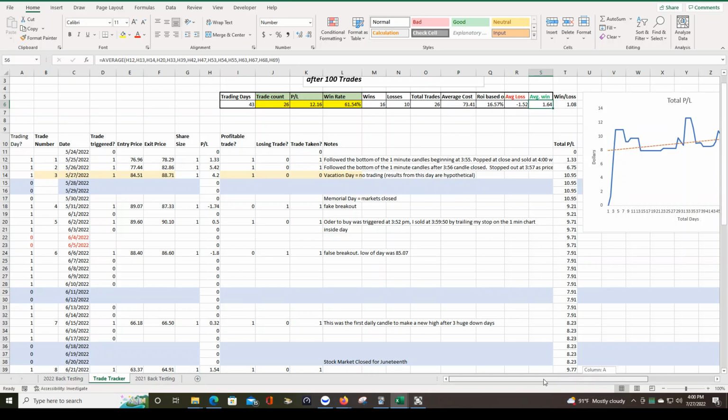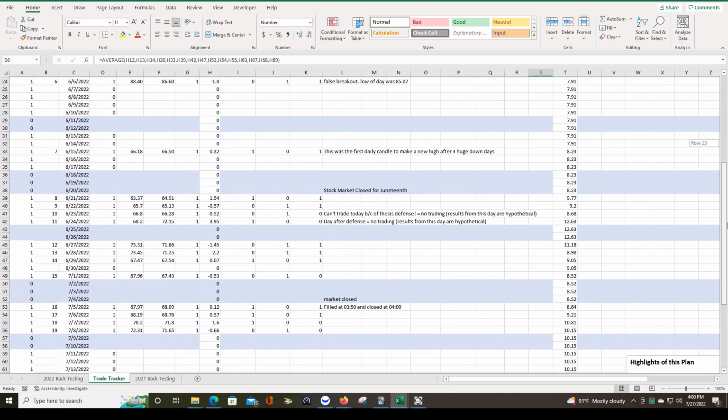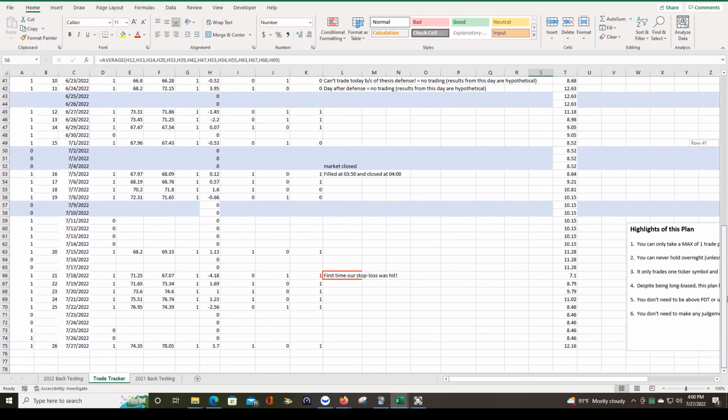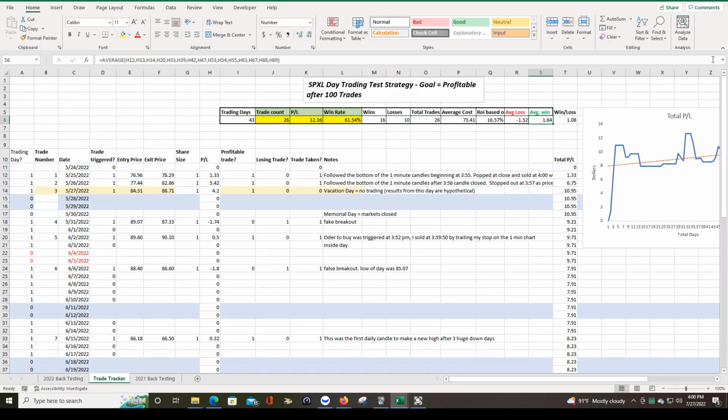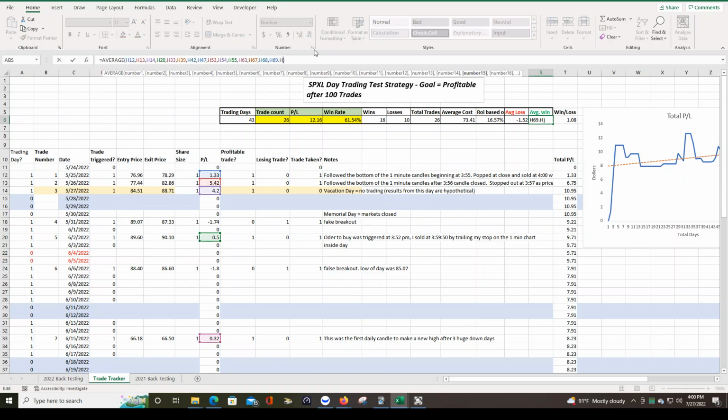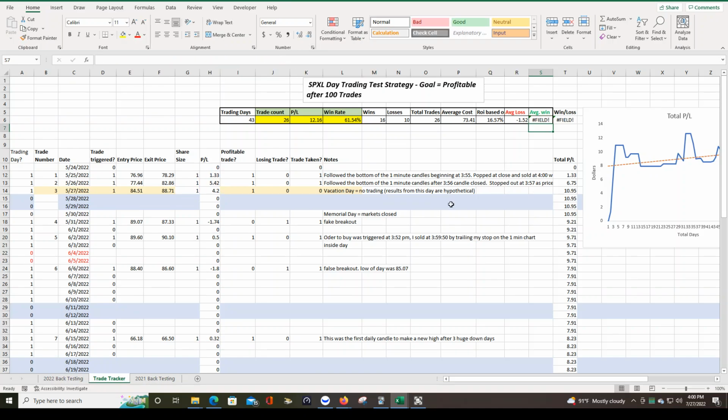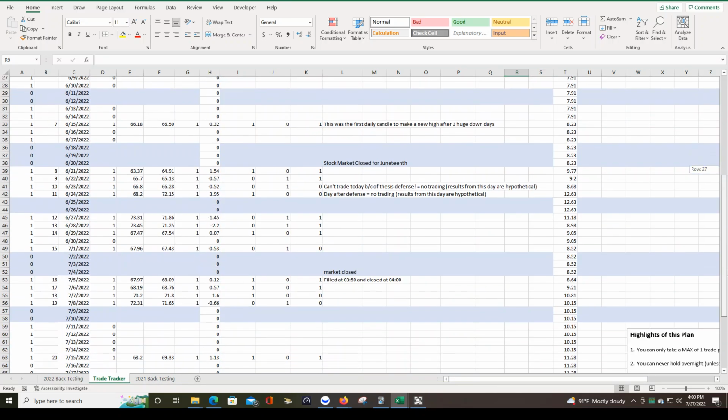Let me see which cell that was. And then we'll look at our P&L curve and we'll wrap it up in just a minute here. So H75. Again, this is all live, so just bear with me. Oops, something went wrong. Must have got the wrong cell or something.